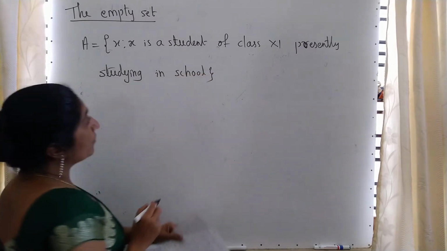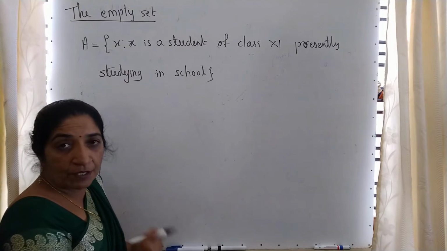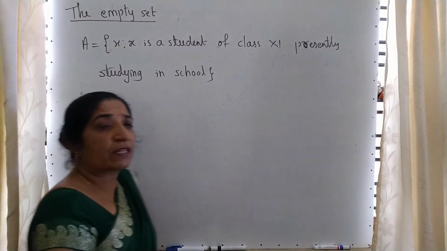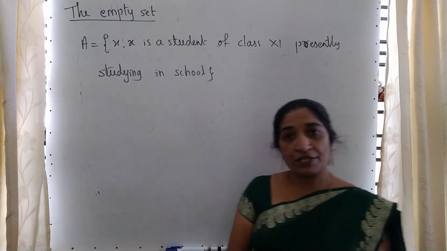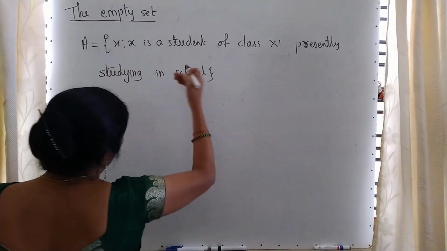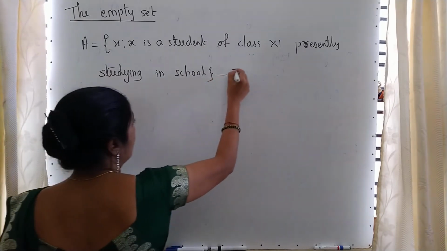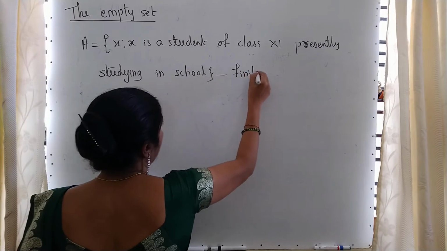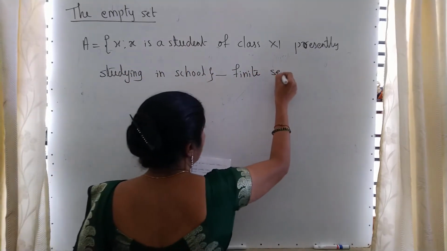Yes, can you make a list of the students? He is present in class 11th, that means PUC first year. With the help of the office, admission records, or the register, you can find the students studying in class 11. So this is a finite set. That means you can count the number. It is a finite set.